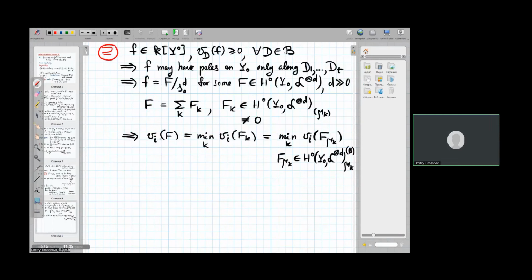This computation for the values of vi at f implies, well, let me write like this. Let me continue the fractions f mu k over s naught to the power d.